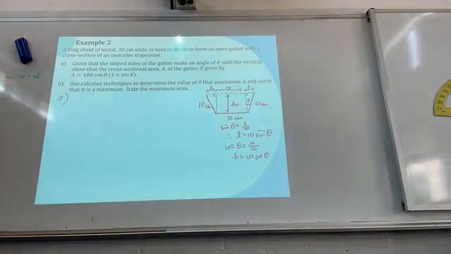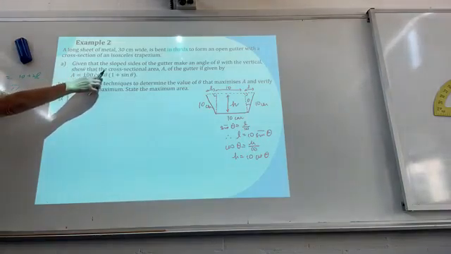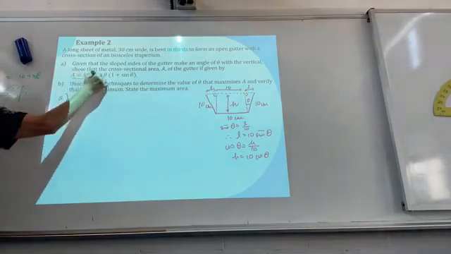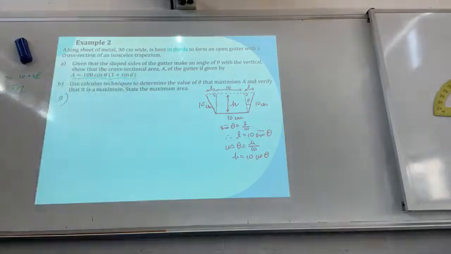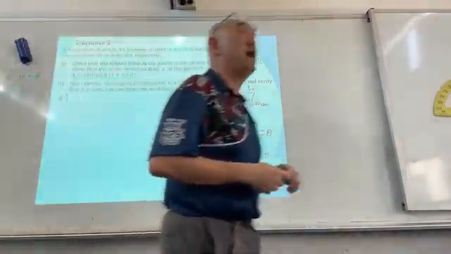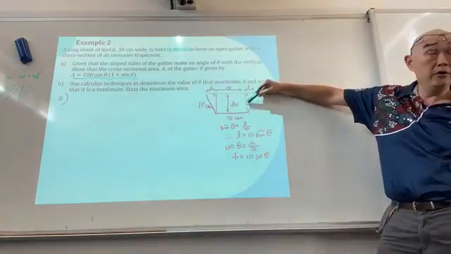Now, you don't want it in L, you want it in terms of theta. And H as well, because your equation is in theta. So you need to find L in terms of theta and H in terms of theta. Right angle triangle, you know this theta.